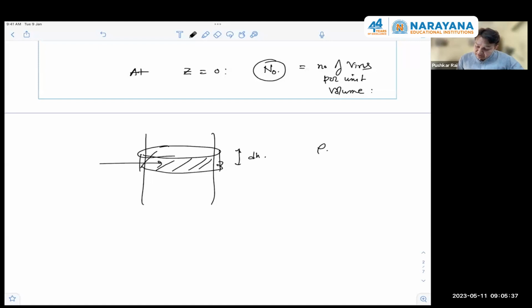So density is rho, and area into say dh gives the total volume. This is the total mass which is going to be present over here. So if this is the total mass present over here, we can say it is equal to dm.